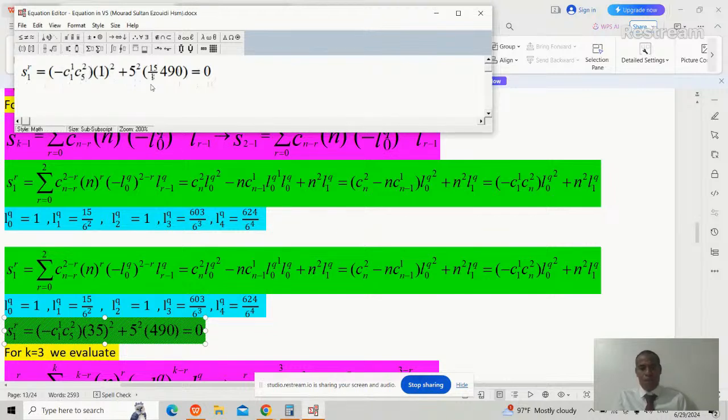This is squared, this one is 6. Then use your calculator, learners, and try to find the value of this one.